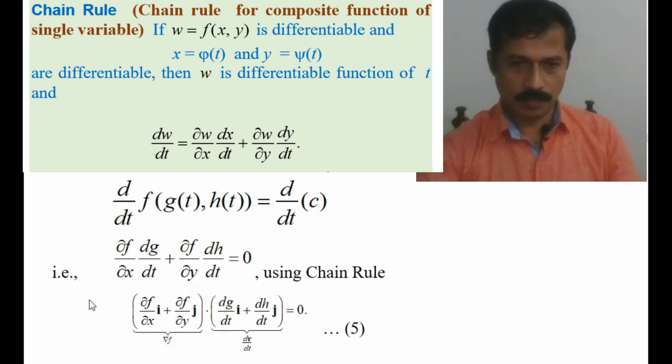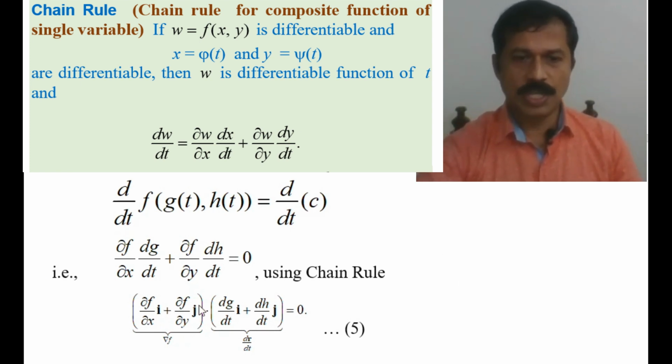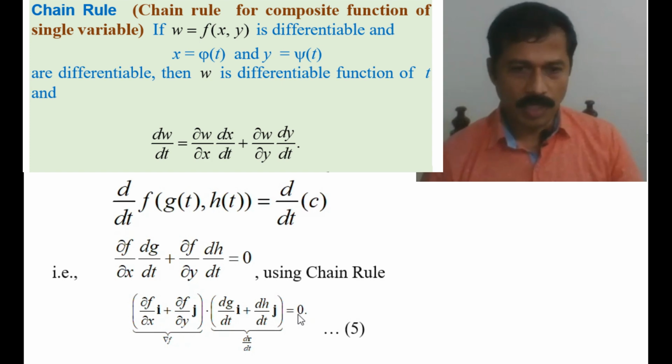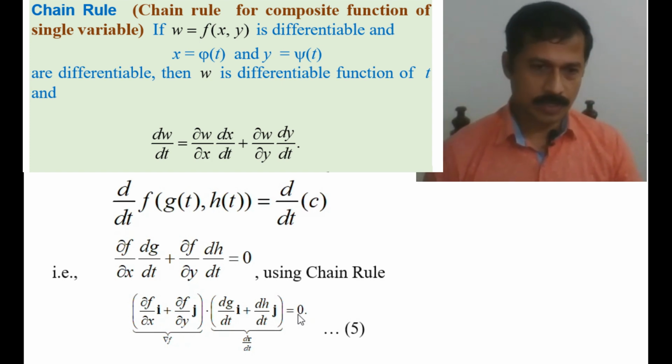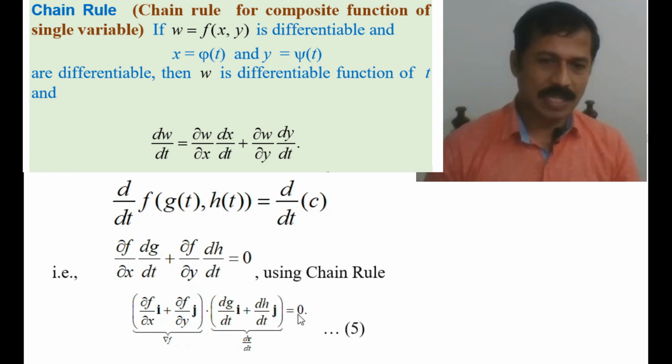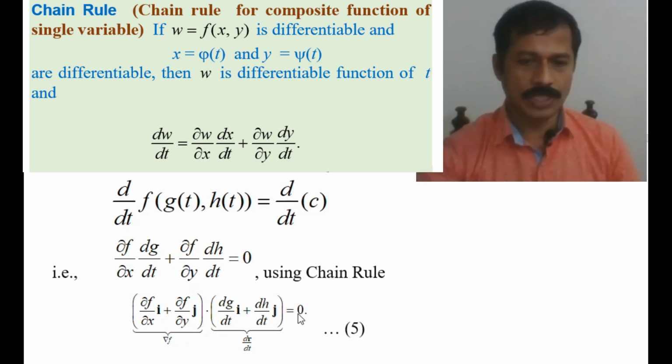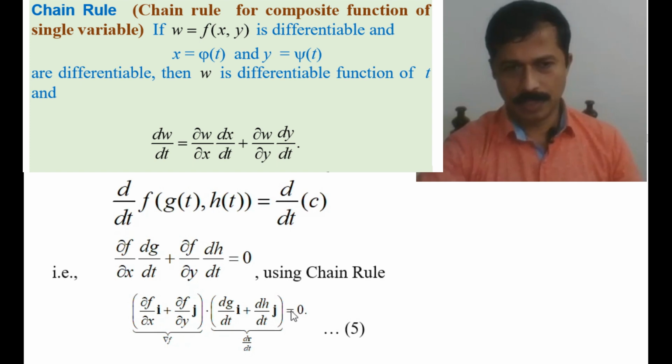This is the chain rule that we have studied in the context of functions of several variables. In this situation, we have two variables x and y, and both are related by a single variable t. Then in that case, we use this chain rule.